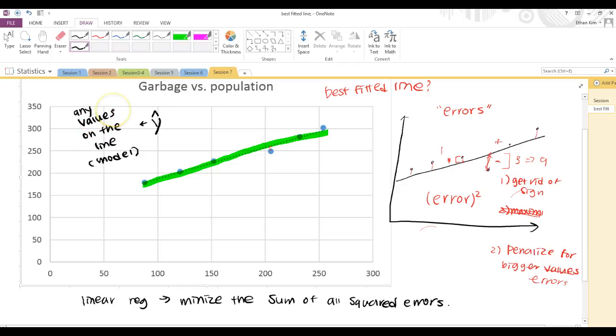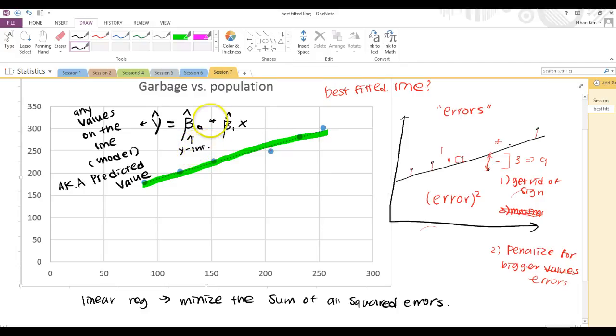Y hat is always the predicted value. And y hat equals beta 0 hat plus beta 1 hat times x, with hats because these are assumptions or predictions that we're making. Beta 0 is the y-intercept, and x, in this case, represents the population, right? So this is a formula, and how do we get these numbers?